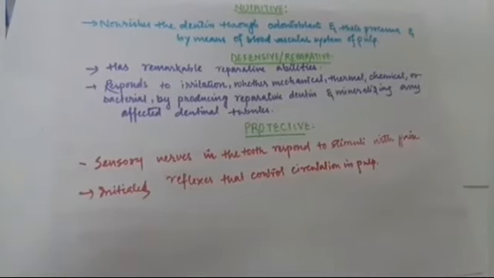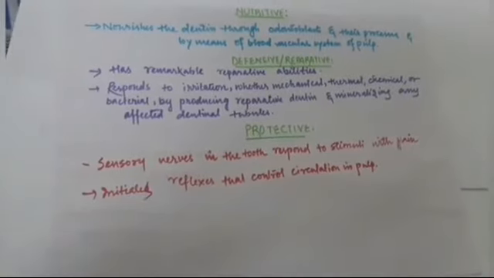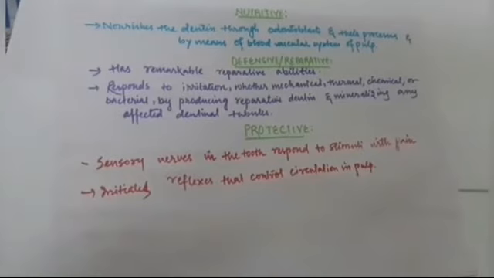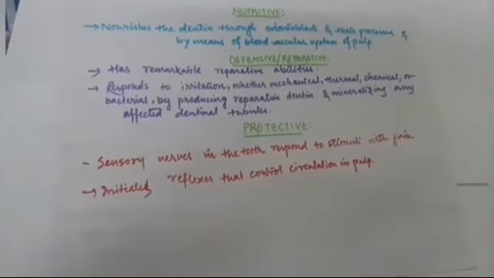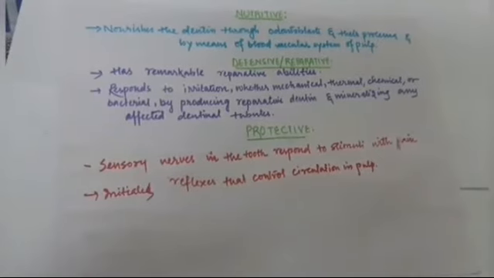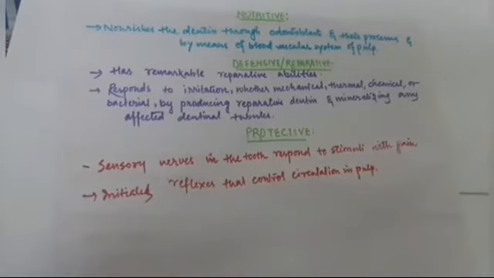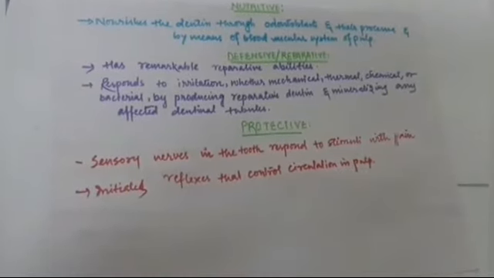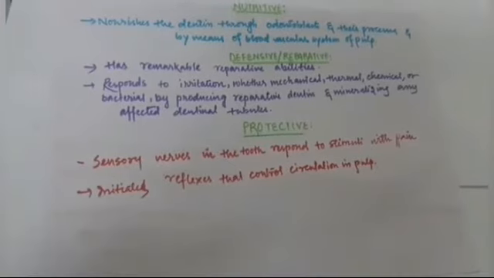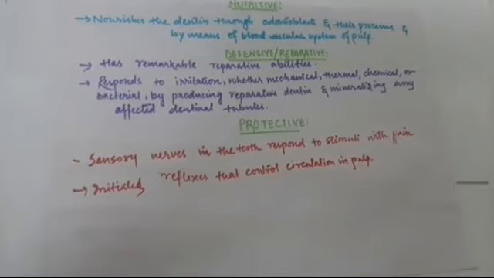It responds to irritation, whether mechanical, thermal, chemical, or bacterial, by producing reparative dentin and mineralizing any affected dentinal tubules. The protective function of the pulp includes the function of the sensory nerves in the tooth that respond to stimuli with pain. These nerve fibers initiate reflexes that control the circulation in pulp.